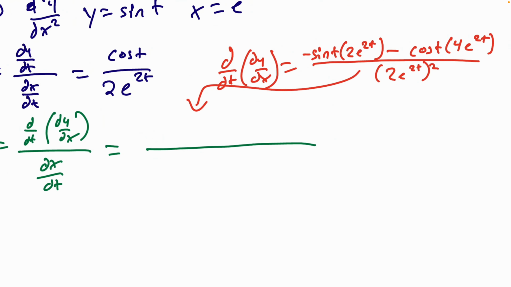Now sometimes the stuff on top can be added together in various ways. This one really cannot, so we will say negative sine t times 2e to the 2t minus cosine of t times 4e to the 2t. There might be some random trig identities that you can use there. I don't know.